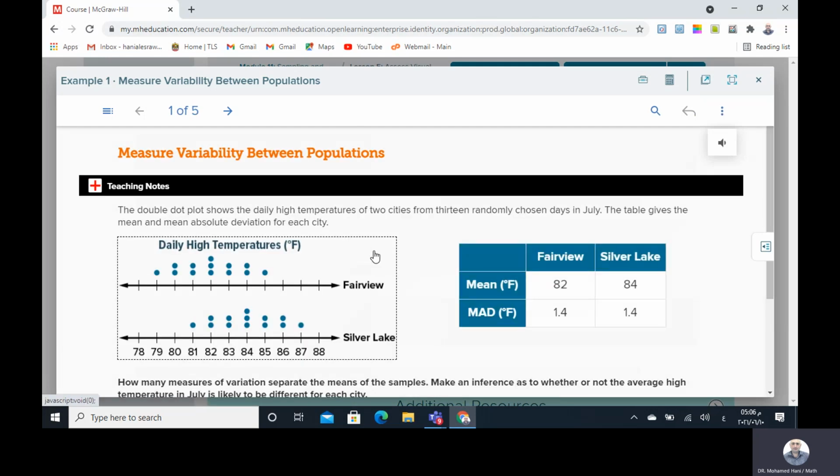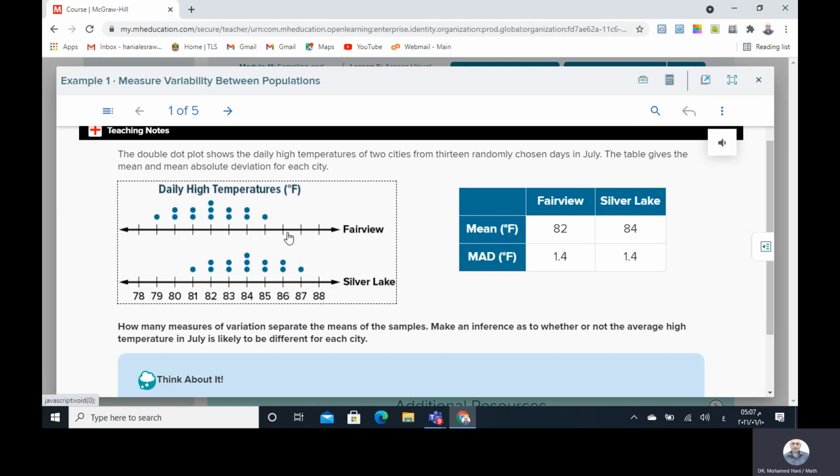measure variability between populations. The double dot plot shows the daily high temperatures of 2 cities from 13 randomly chosen days in July. The table gives the mean and the mean absolute deviation of each city. As you see here, we have the daily high temperature in degrees Fahrenheit.